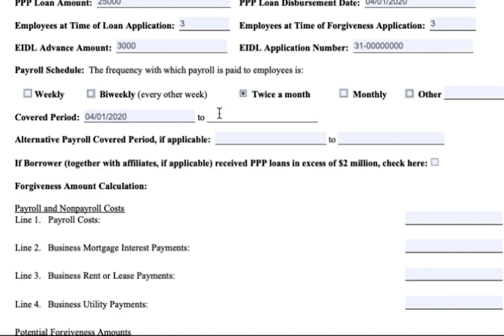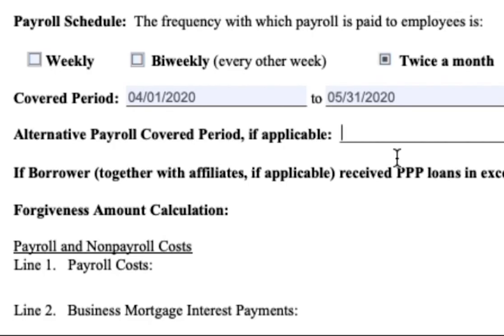Okay, so that's the advance. But if you signed the loan documents and you didn't receive the advance prior to that, that advance amount will be zero. So your loan application, your payroll schedule, and your covered period.